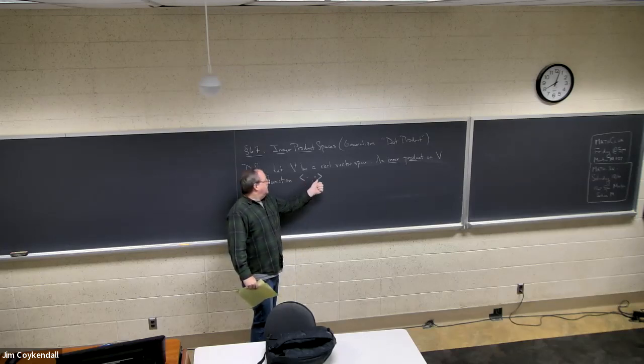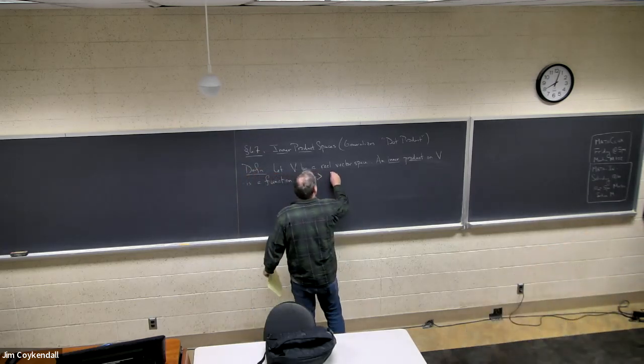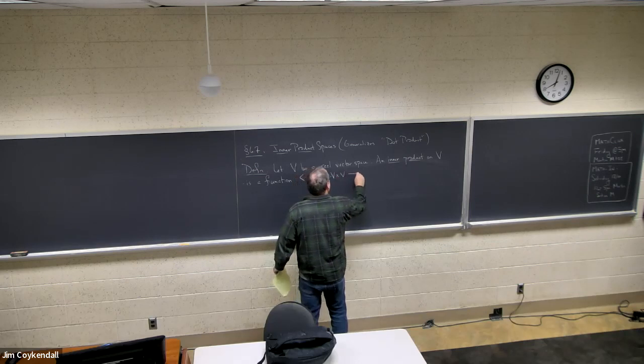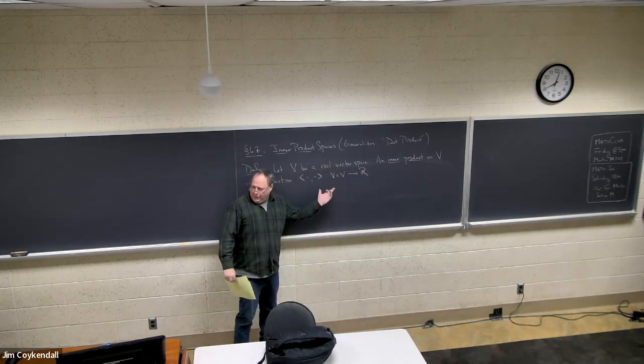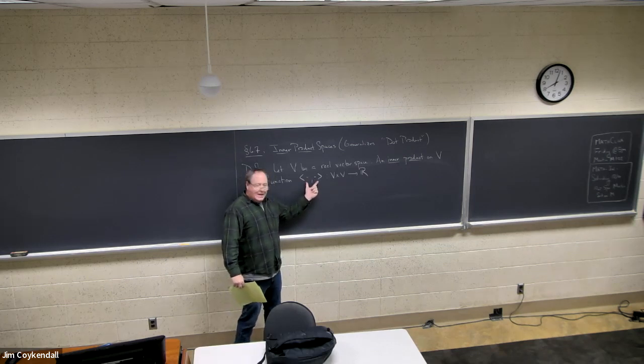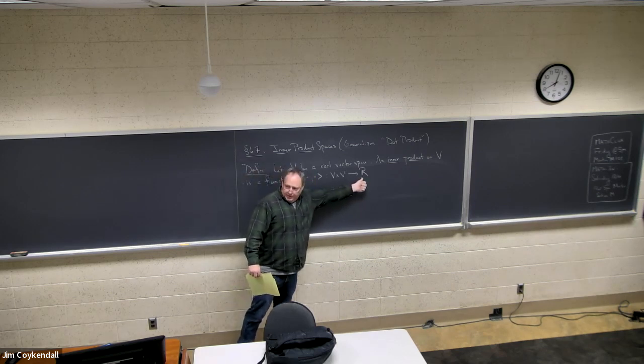What this means is I can input two vectors. What do I mean by this? This function's input is two vectors and its output is a real number.